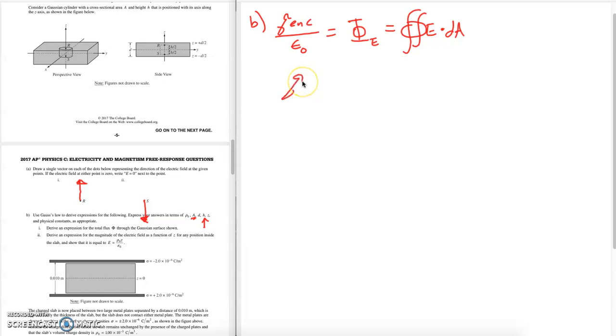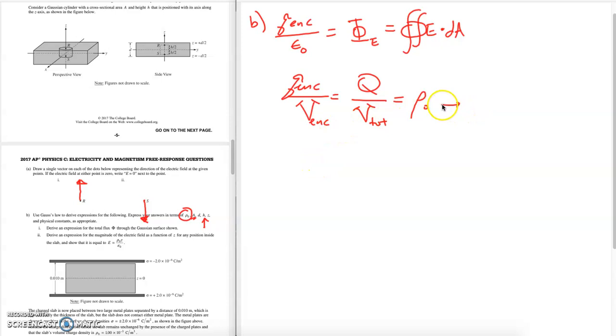So Q enclosed over volume enclosed equals total Q over total volume. Now, they didn't tell us the total charge over the total volume. What they told us was rho naught.